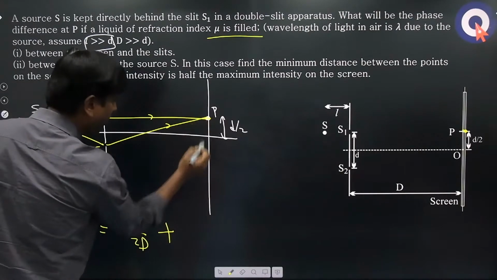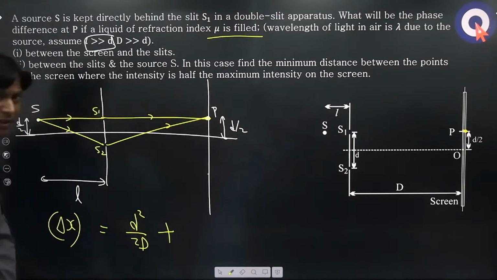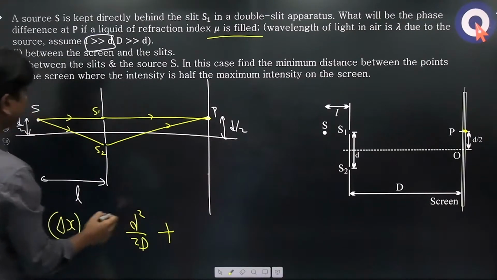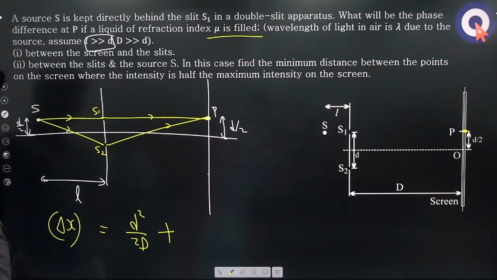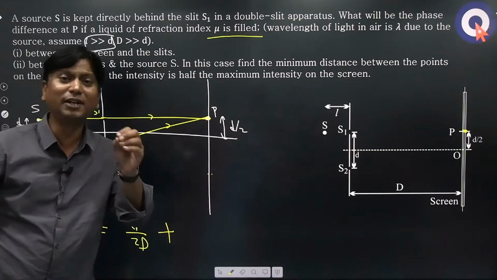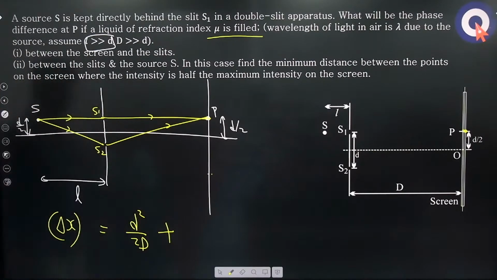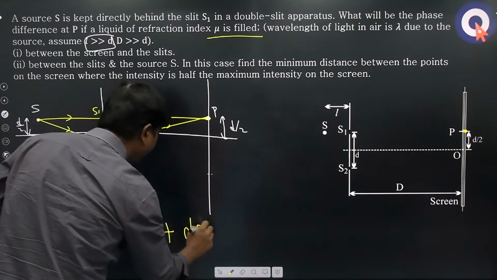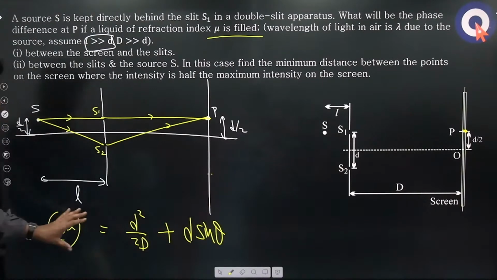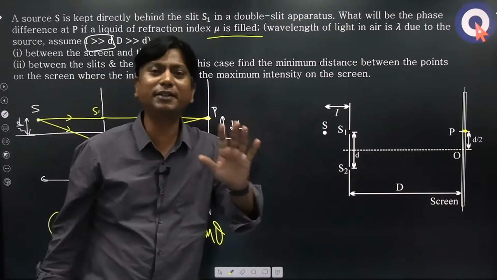Suppose the same point P is here instead, then S1P will be longer, so you will take a minus in between. Plus d sin theta is the path difference when completely in air.